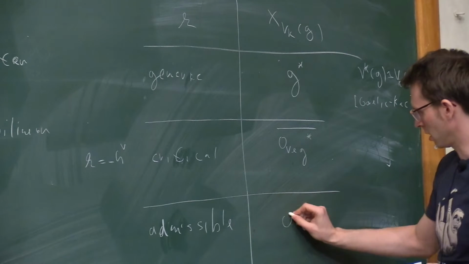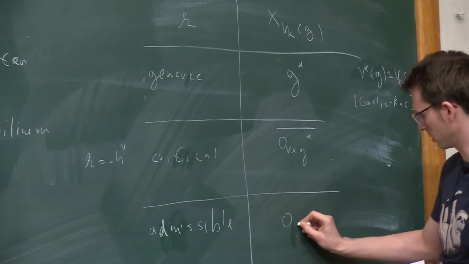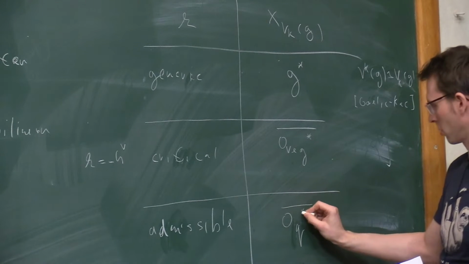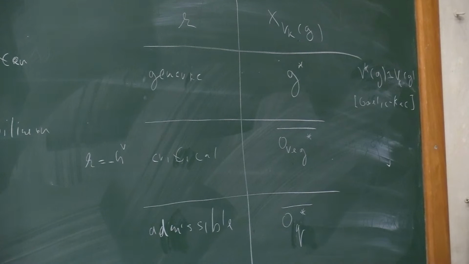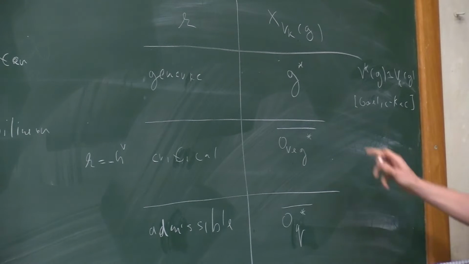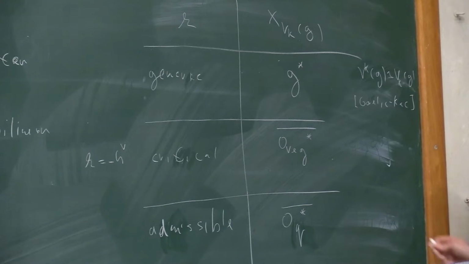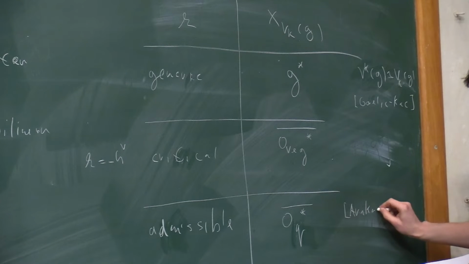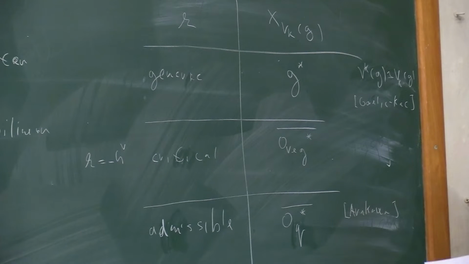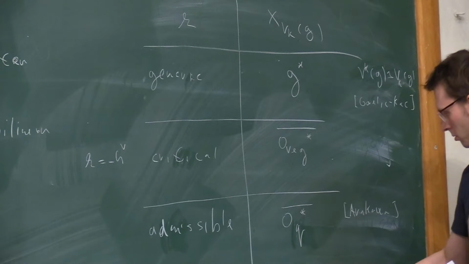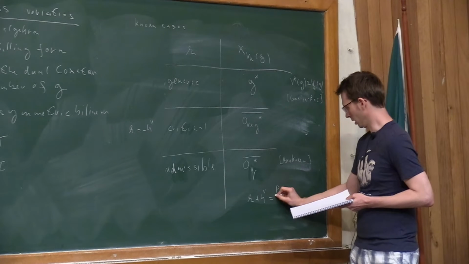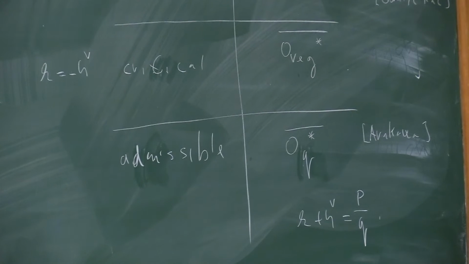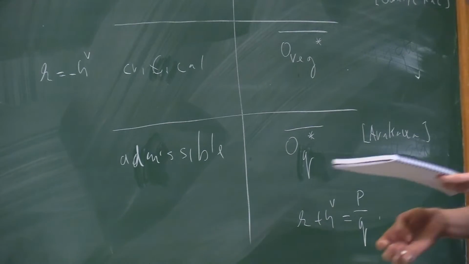Then, as was described in the previous talk, the associated variety is the closure of some nilpotent orbit, again as a subset in g*. This is due to Arakawa. Admissible is a condition that k + h^∨ is p over q, plus some other conditions, where p and q are integers.